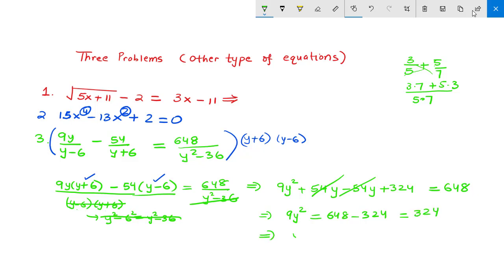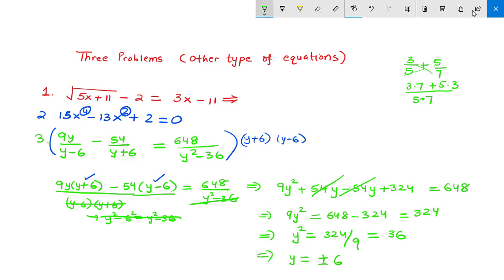And this implies y squared equals 324 by 9, which is 36. So this implies y equals plus minus radical 36, which is plus minus 6, because y squared equals 36. Which two numbers squared make 36? Plus 6 and minus 6.